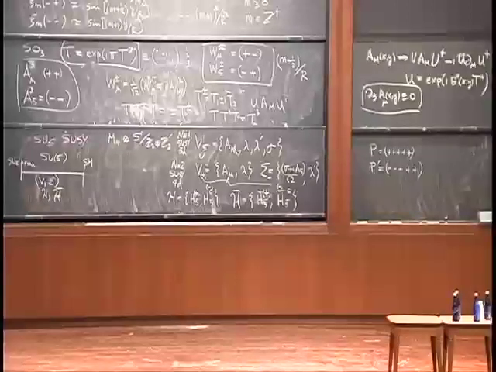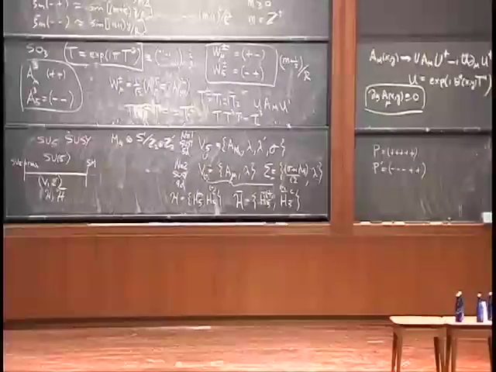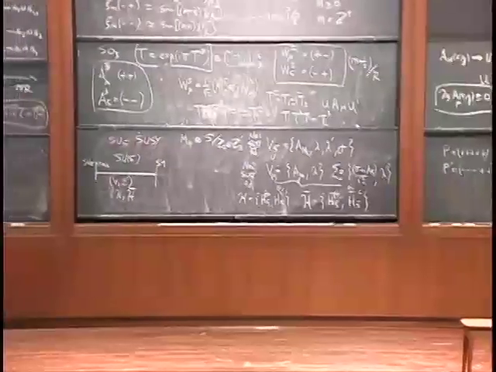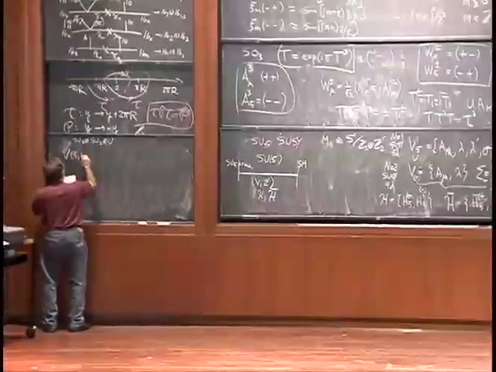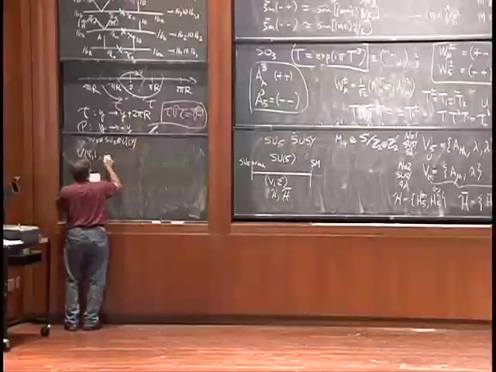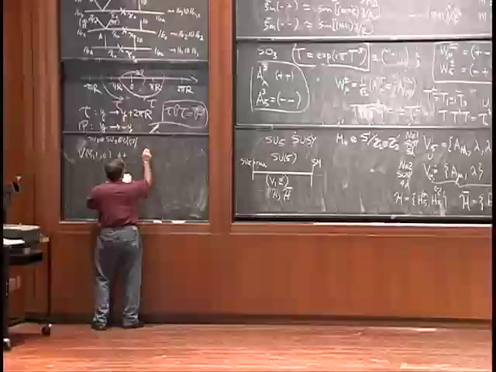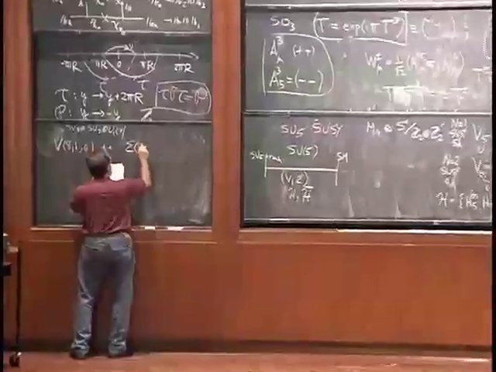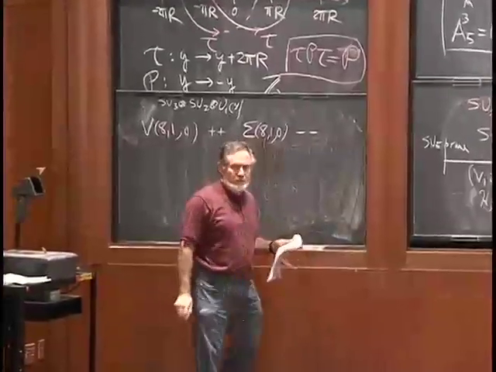So we have under SU3 cross SU2 cross U1, the vector fields in the octet representation of SU3, the singlet representation of SU2, and with zero hypercharge, those are plus plus modes. The sigma fields, which are octets, singlets, and zero, are minus minus modes.